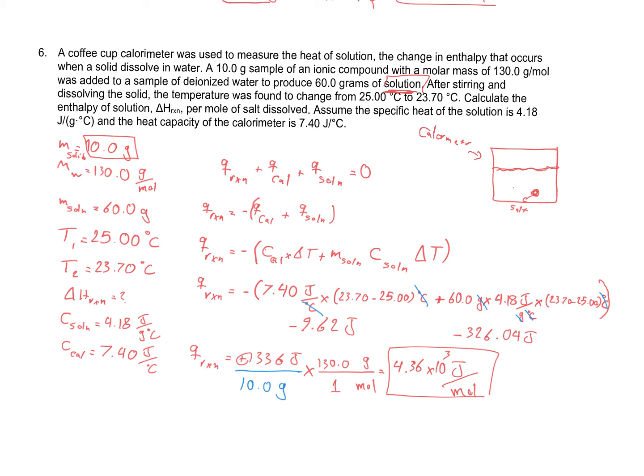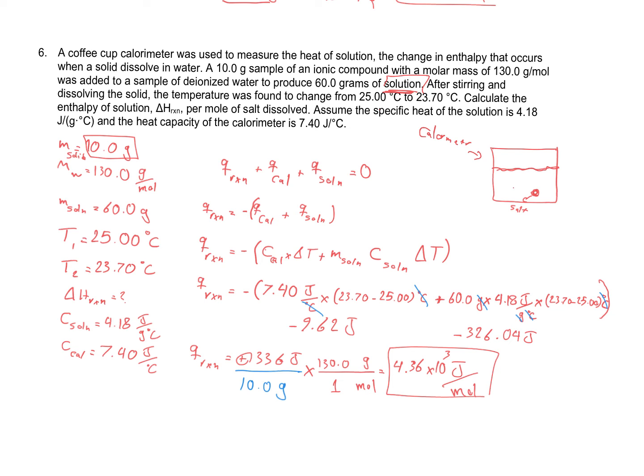In some questions they say that you can neglect the heat loss to the surroundings, so in that case we consider the Q cal as 0, but that's not always the case. If you have information for the calorimeter, it means you have to include the calorimeter.